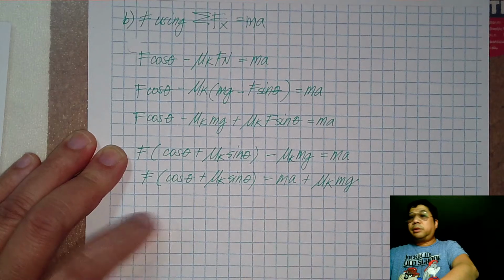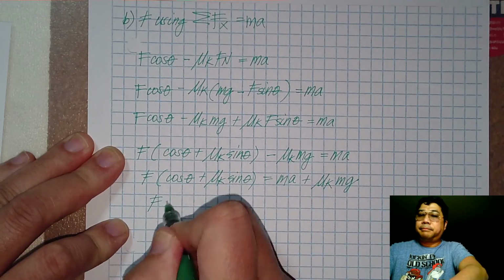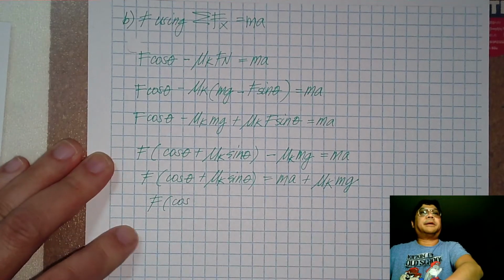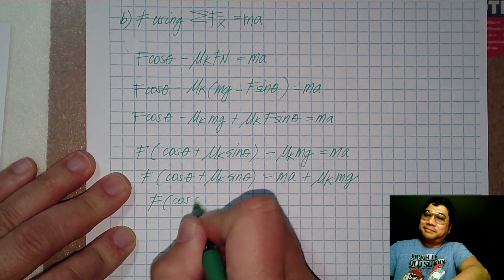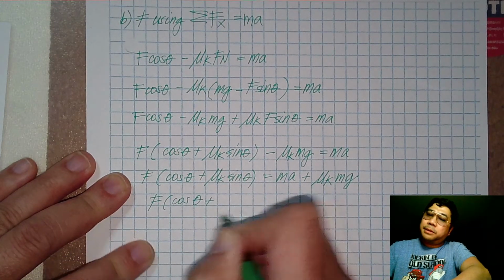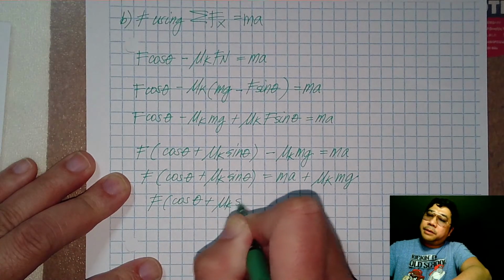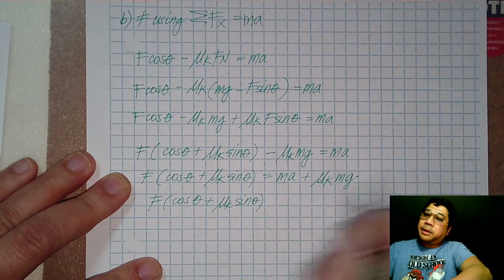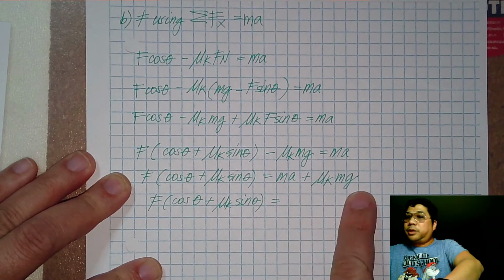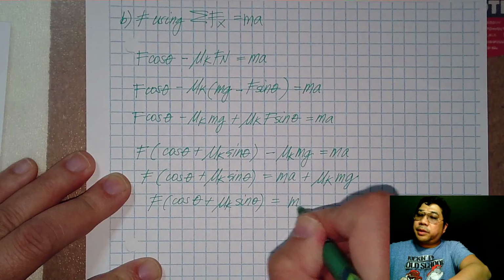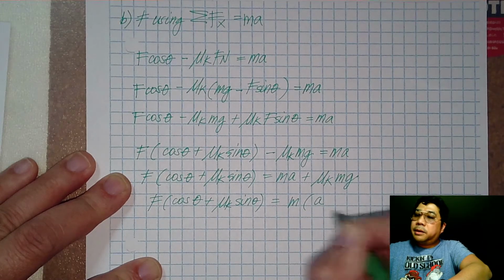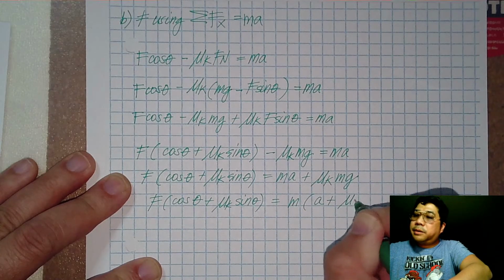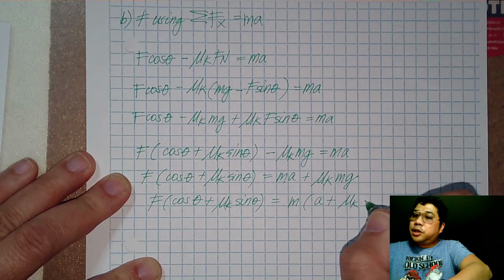Oh, there's a common factor. Cosine theta plus mu k sine theta. Common in both is m, so we can just say a plus mu k times g.